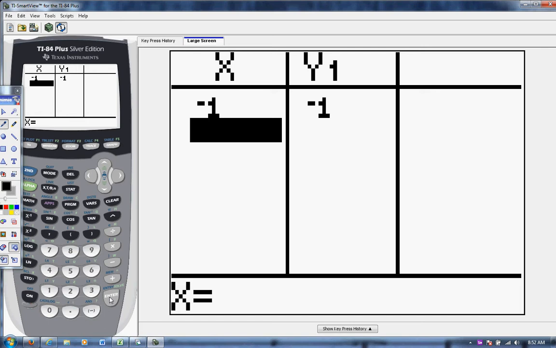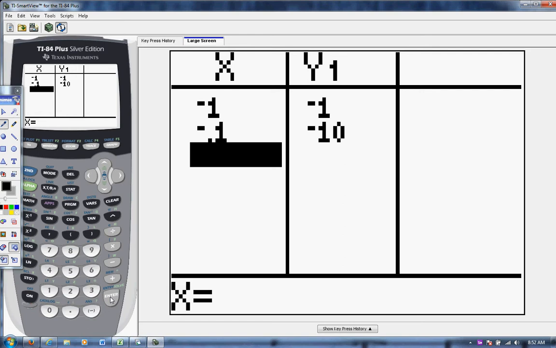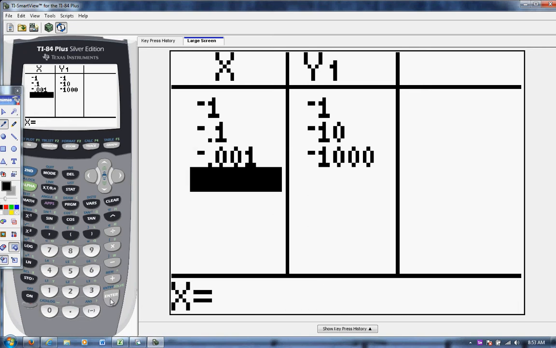-1. Then we went to -0.1. Drop down to -10. Then we said we were going to do -0.001. Wow, we're at -1000. And let's do the last one that I asked for, -0.0001.